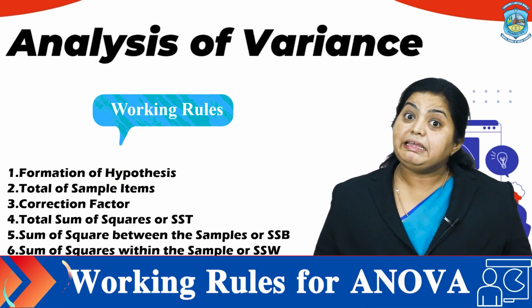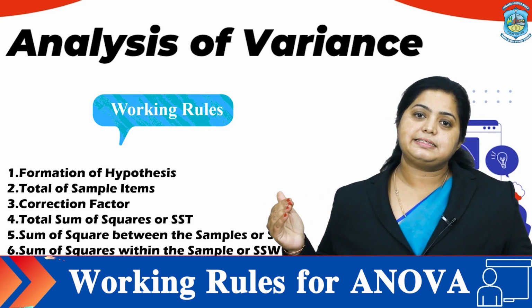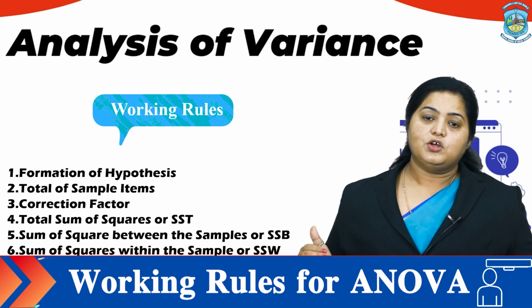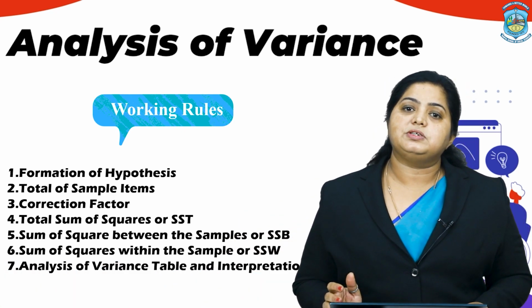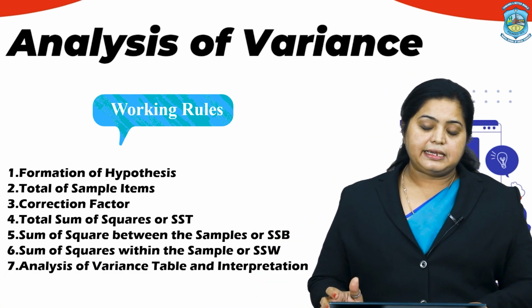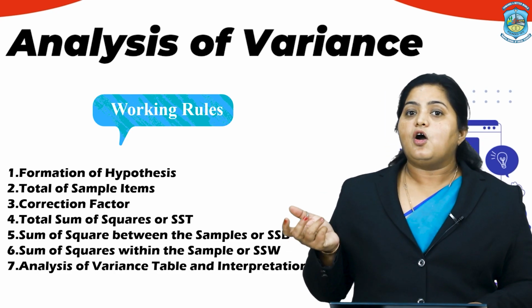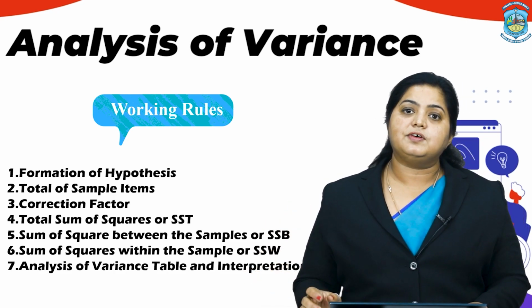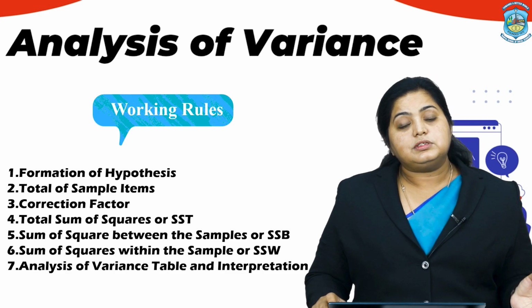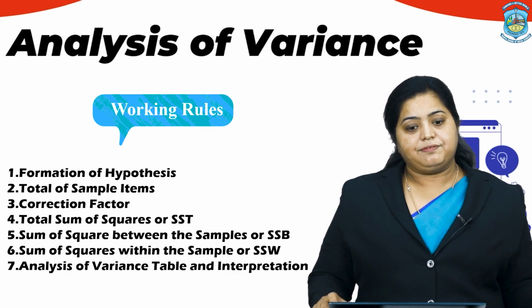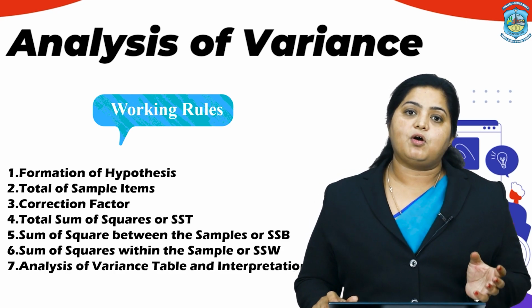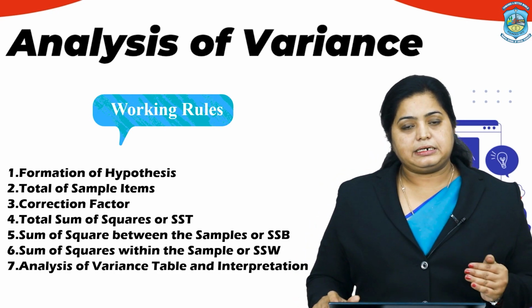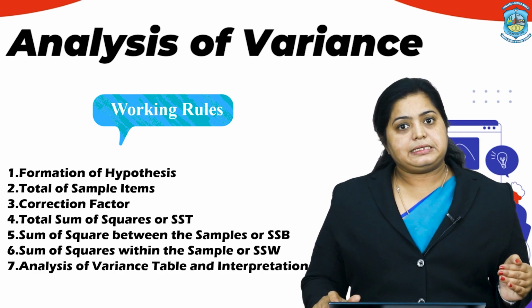To solve any ANOVA problem, there are majorly seven steps which we follow. The first one is the formation of hypothesis. The second is to find the total of the sample items. The third is to find the correction factor from the given data. The fourth is to find the total sum of squares, denoted by SST.